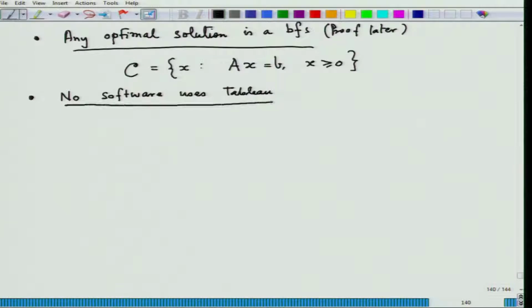Because the tableau, as you see, can be done by hand for certain 6-7 variable problems, but no software that is supposed to deal with a large number of variables, huge linear programming problems, would really deal with this. Now, the question would be, if it is not dealing with this, then how does the software actually compute the simplex method?